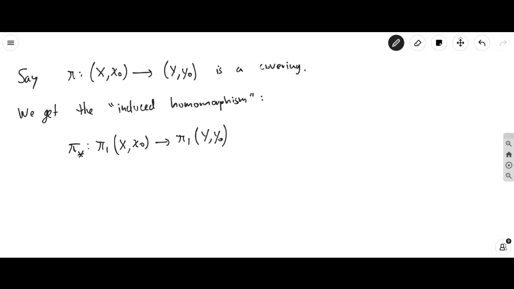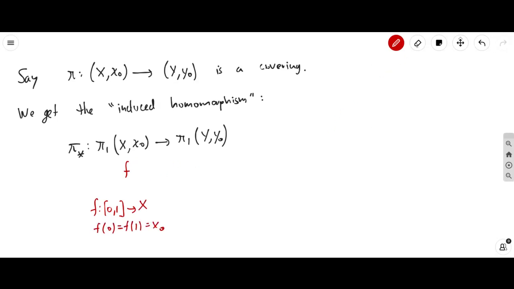And how is it defined? Well, it's defined very simply. Recall what the fundamental group is. The fundamental group is the group of all loops at x0. Technically homotopy classes of loops, but that's too much to say, so I'll be a little bit sloppy and just say loops. If you take a loop f, f is just a mapping into x with f of 0 equal to f of 1 equal to x0.